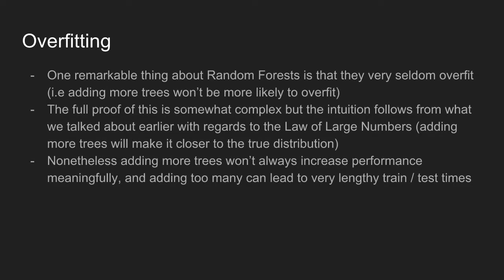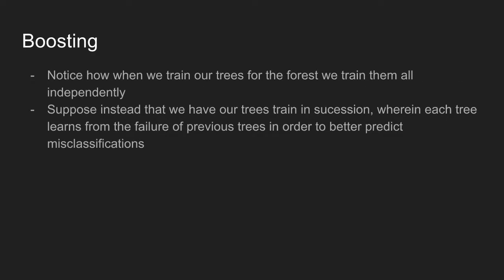So similarly, for random forests, over time, adding more trees is likely to give diminishing returns. Then we run the risk of having our training and testing time being too unwieldy to deal with. So eventually it's better to just call it quits after a certain amount, which you can usually test for by doing cross-validation. So does anyone have any questions about this?